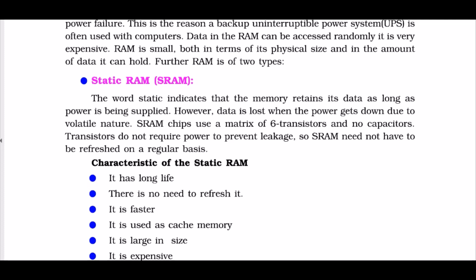SRAM chips use a matrix of 6 transistors. In the starting of the chapter, we talked about 0 and 1, right? When transistors work, the main capacity is basically 0 and 1, on or off. In SRAM, chips use a matrix of 6 transistors and no capacitors.